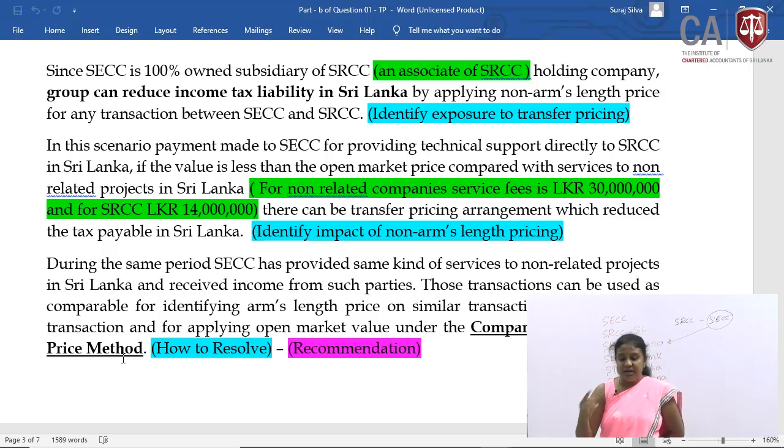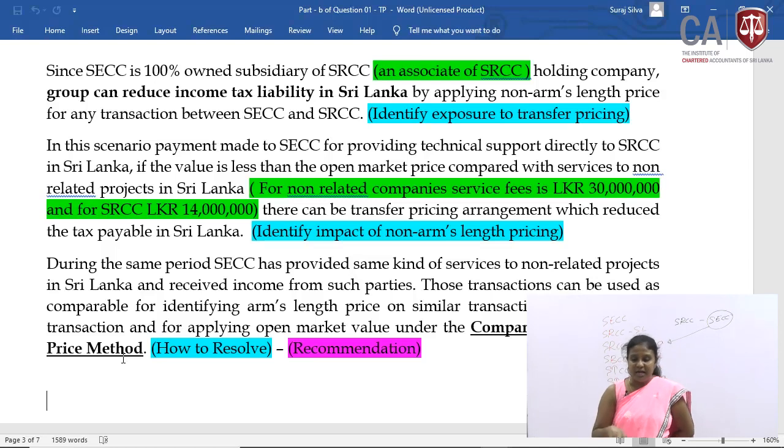For non-related companies, the service fee, I have taken this from the question itself, is LKR 30 million. We don't know the capacity, the volume, the time period, but it has been given that for a non-related company the revenue is 30 million, for SRCC only 14 million. Now at a glance, if you check this, there is a reduction of the other income billed to SRCC by SECC.